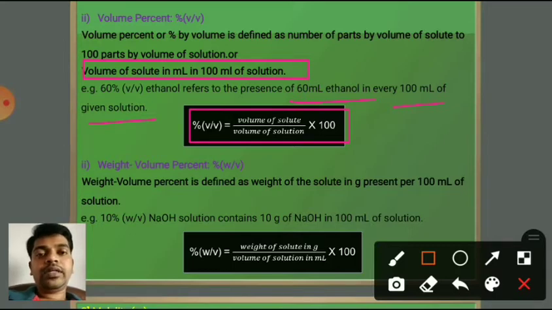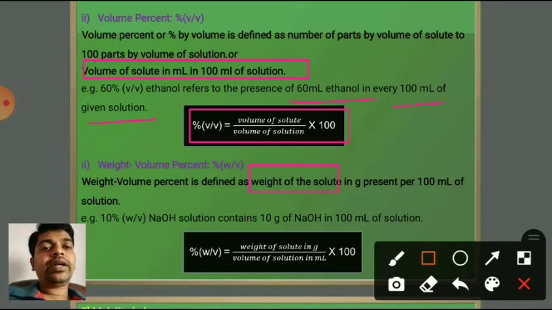Now the third one is weight volume percent, given by percent W by V, or weight by volume. The definition of weight volume percent is the weight of solute in gram per 100 ml of a solution.